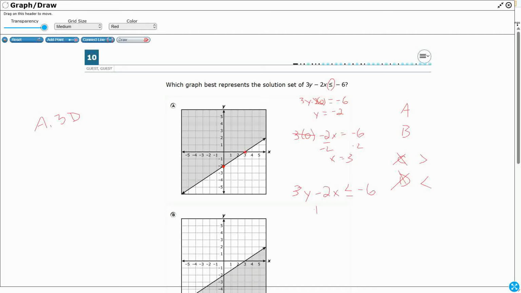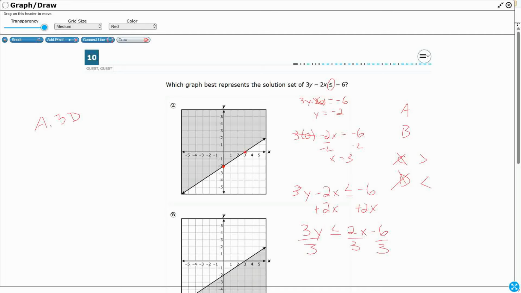So I want to get that y isolated, so I'm going to add 2x to both sides. So I'm going to get 3y less than or equal to 2x minus 6. So I'm going to divide by 3, and that's just going to end up being 2/3 x, and that's minus 6/3, which ends up being 2.